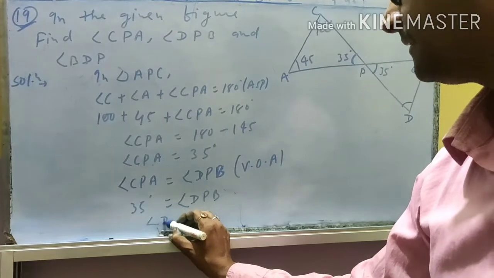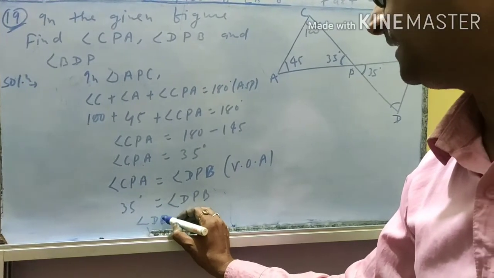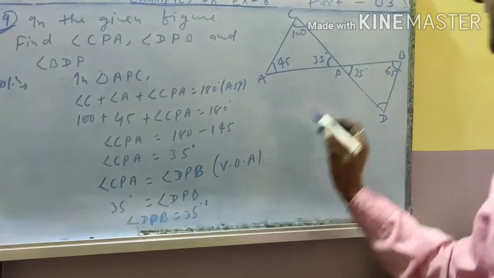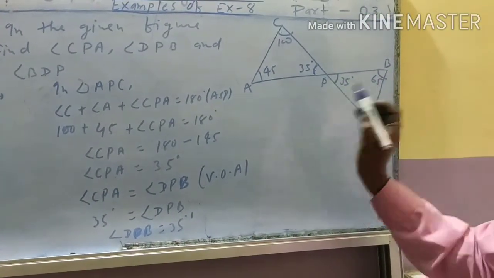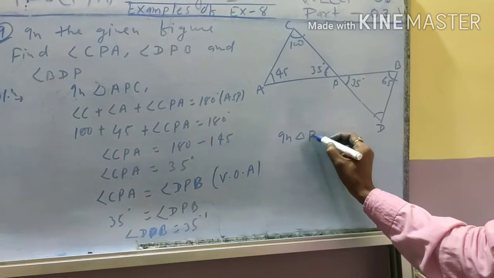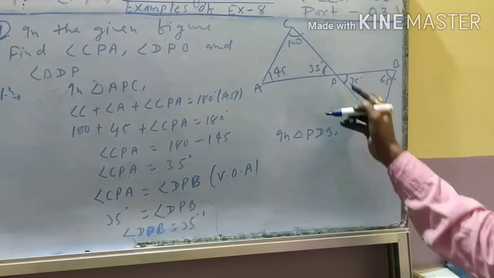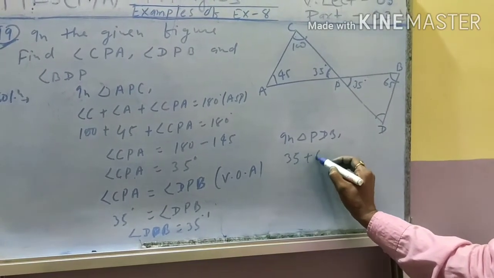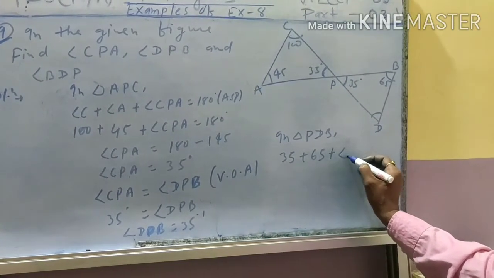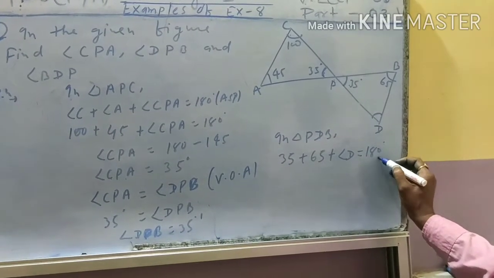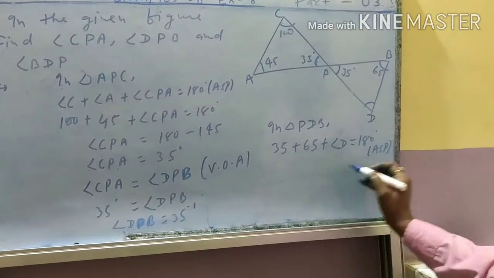So angle DPB is equal to 35 degrees. Again student, in triangle PDB, 35 plus 65 plus angle D, this is the angle D, is equal to 180 degrees by angle sum property.